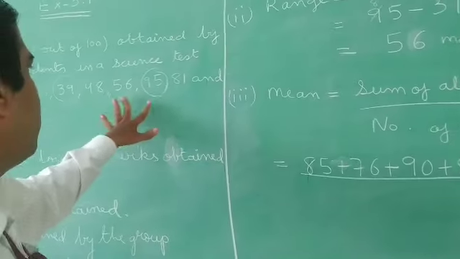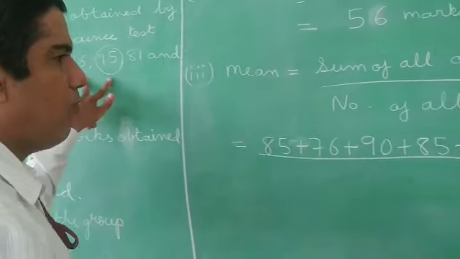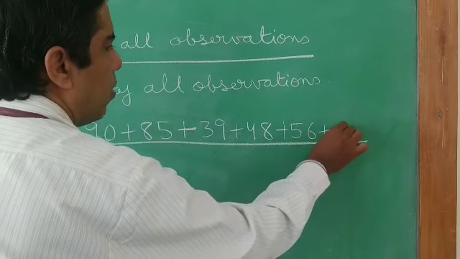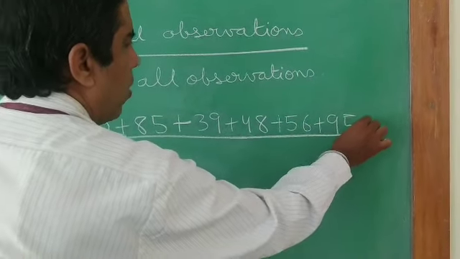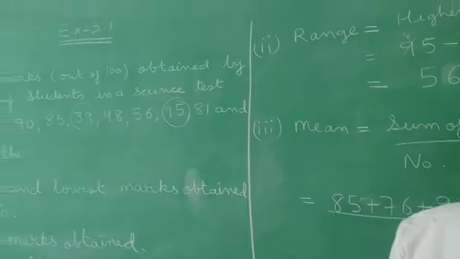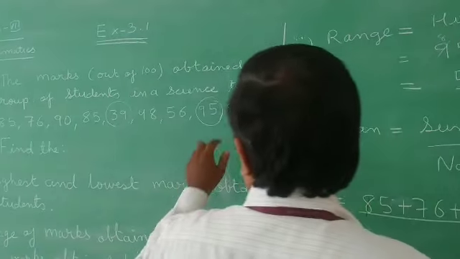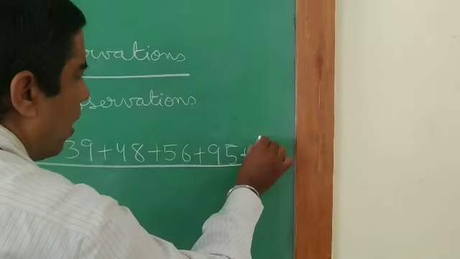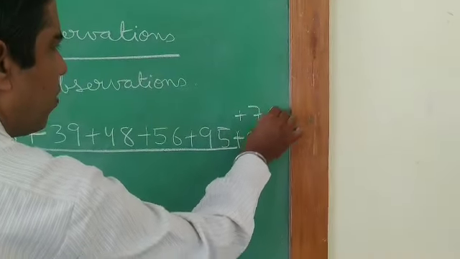Then the next two numbers, 56 plus 95. Then the next two numbers, 81 plus 75.